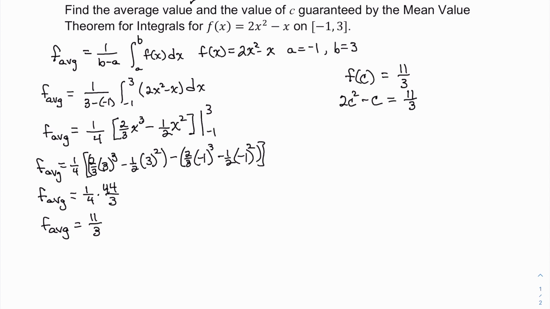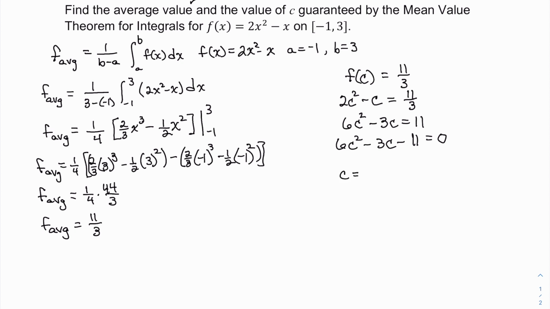Now this is quadratic in c, so we'll go ahead and multiply both sides by 3 to remove the fractions and make it just a little bit easier to work with. That gives us 6c squared minus 3c is equal to 11. And then quadratic, we're going to bring everything on one side, set equal to 0. And since this quadratic equation isn't factorable, we'll use the quadratic formula.